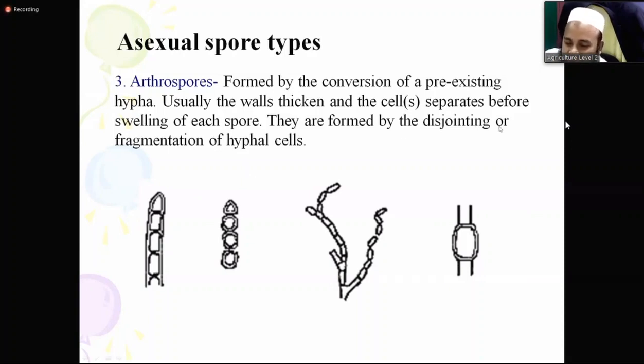They are formed by the disjoining or fragmentation of hypha. How do they form? One cell disjoins from another cell, or by fragmentation, cutting like this way. So you understand what arthrospore is.